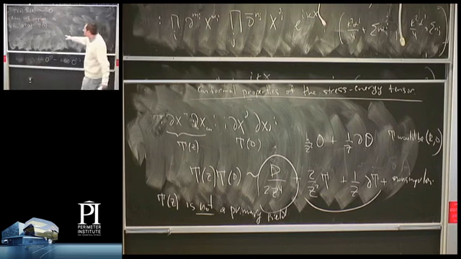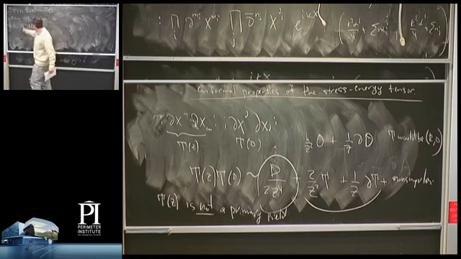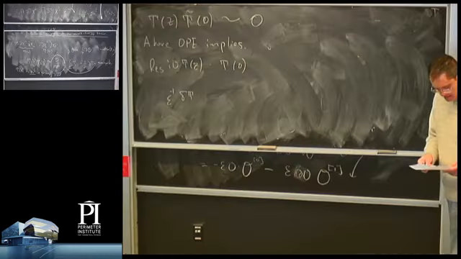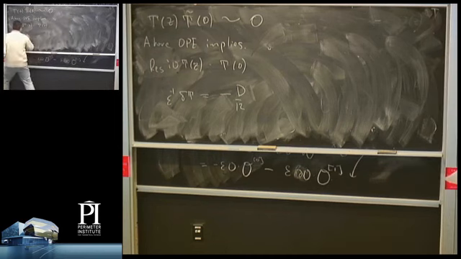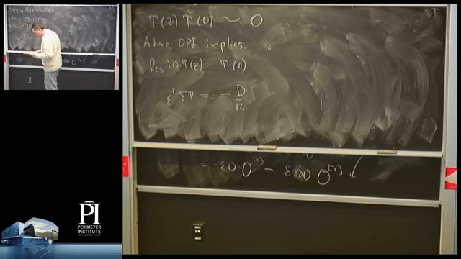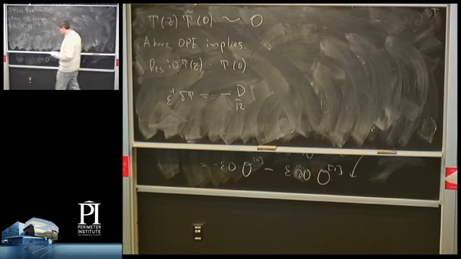So it's clear that in order to get a residue from this piece, I need to take how many derivatives of v? Third, right? So I'm going to write down the formula. This is the transformation of the stress energy tensor, delta_epsilon T, where epsilon is the infinitesimal parameter.